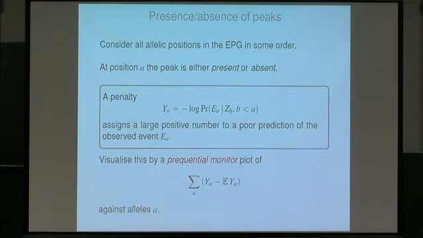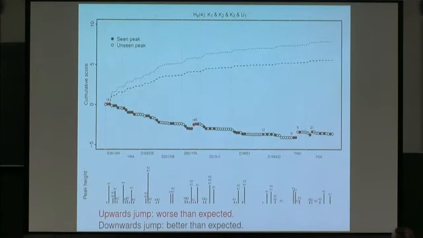Philip David can tell you much more about this frequentist framework. But you'll see that in the penalty here, I'm looking at the probability of seeing a peak given all the peaks that I've seen up until that position. So the order does actually matter here. All right, so here's an example.